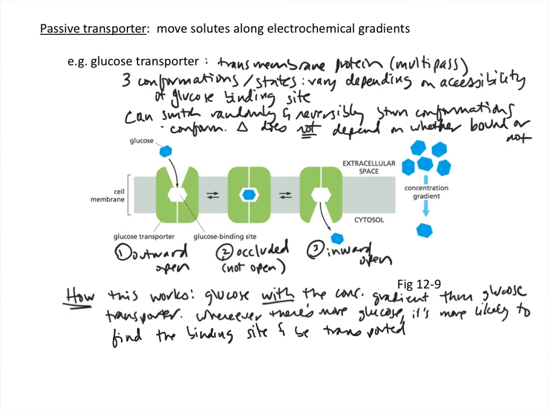So an example of this, I'm going to tell you about two different cell types and how in two different situations they're going to move glucose. So in this example, first we're going to talk about intestinal cells. And the situation in which someone has just eaten a meal, and so then there's very high concentration of glucose, which is outside the intestinal cell.